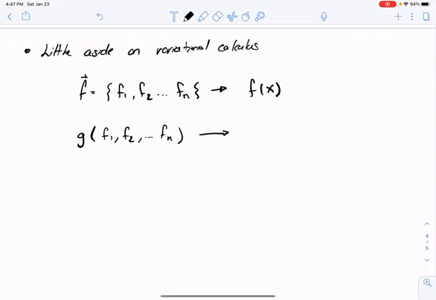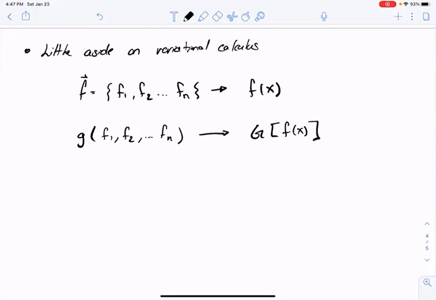When I take the number of components infinitely large, let's denote this as capital G, I put in the function f. Through G, I will get mapped back a number. This is called a functional.